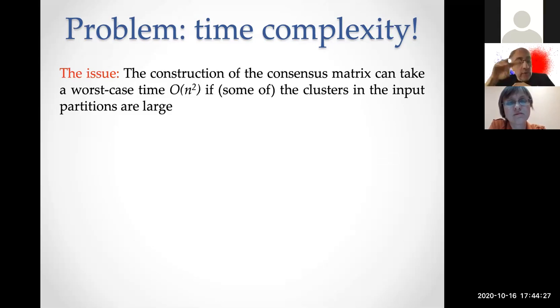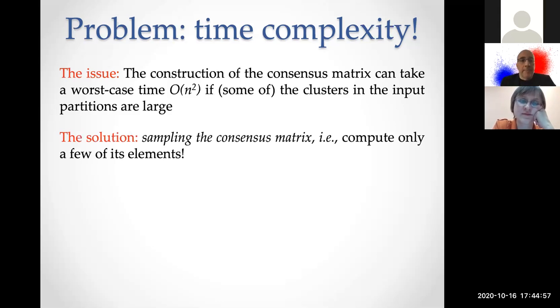But that means you have to consider all pairs of nodes. So if you have clusters which are very large in that partition, which can often be the case, just constructing the consensus matrix can take time which is close to n squared, which makes the analysis of large networks really problematic, if not impossible.